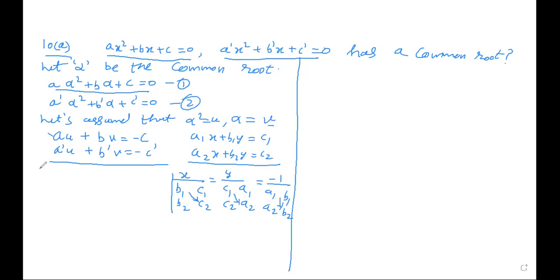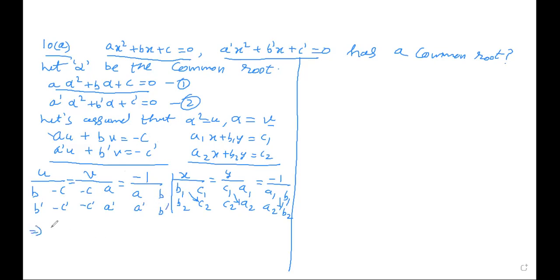Similarly, if we solve this, u upon, second column is b dash, third column is minus c dash, equals to v upon, third column will be repeated minus c dash, first column is a dash, equals to minus 1 upon, this column will be again repeated a dash and then b b dash.